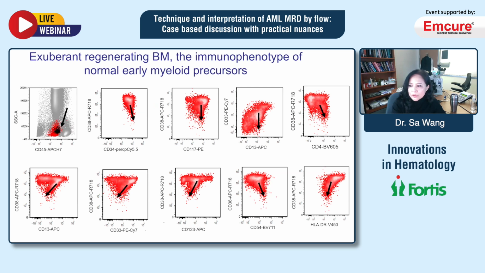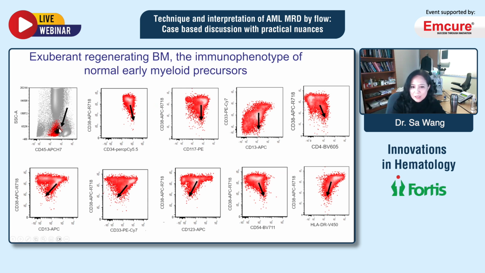And also to understand this, with CD38, we keep saying you have to look at all the markers with CD38. But the premise is you have to understand what is exuberant in early myeloid precursors, how they look, so you can tell them from the reactive, right?